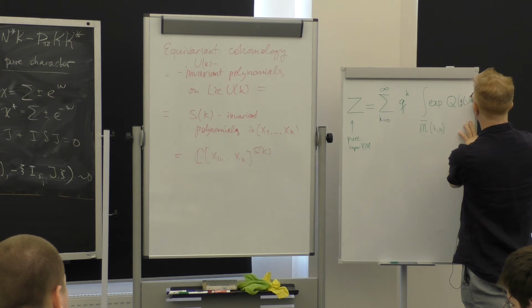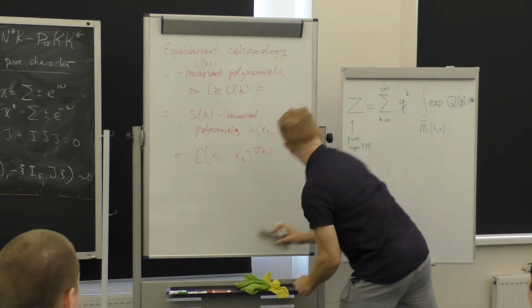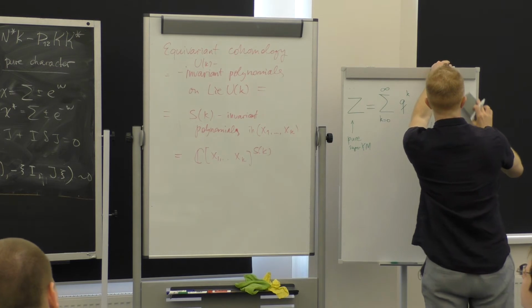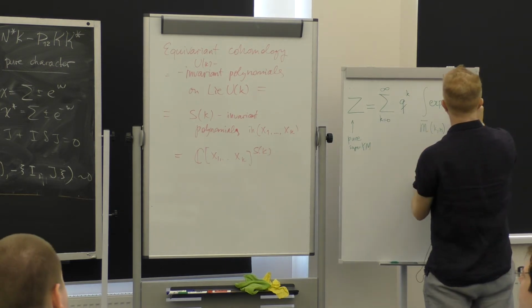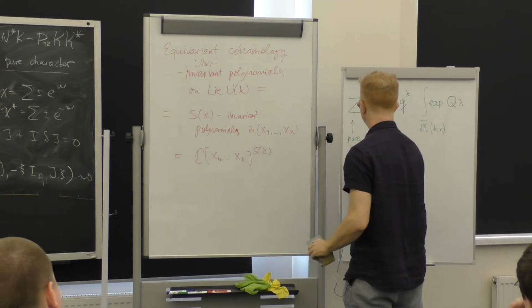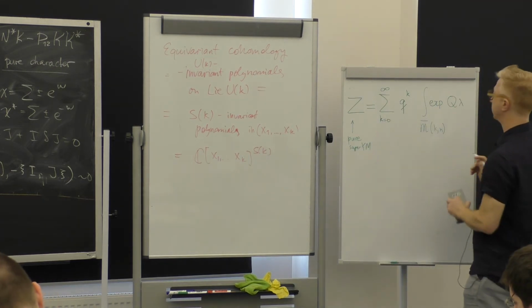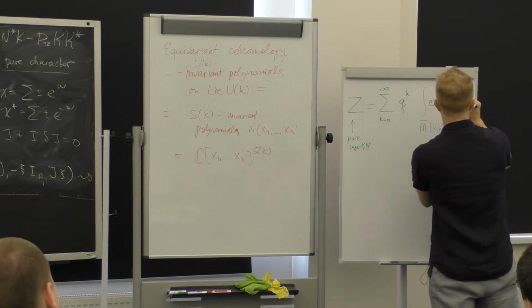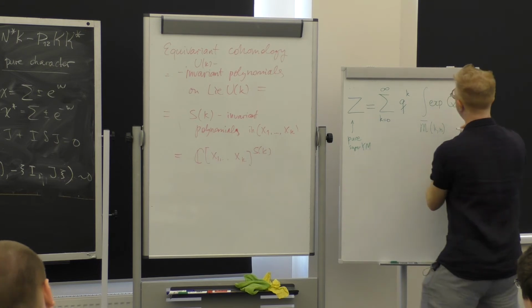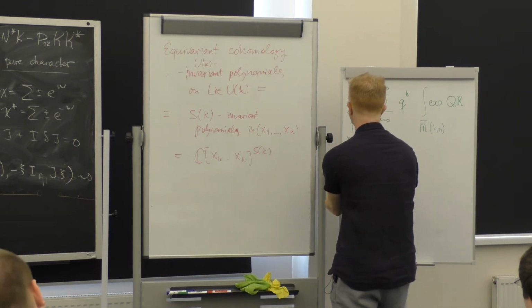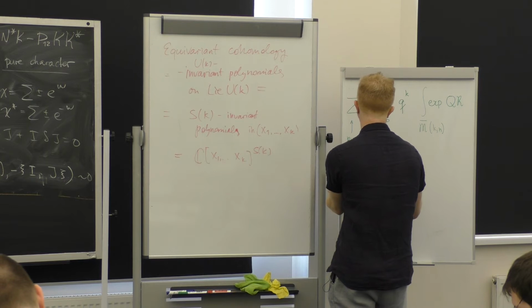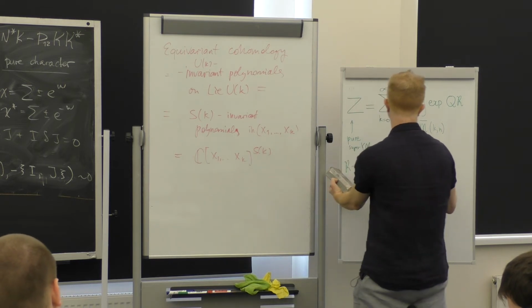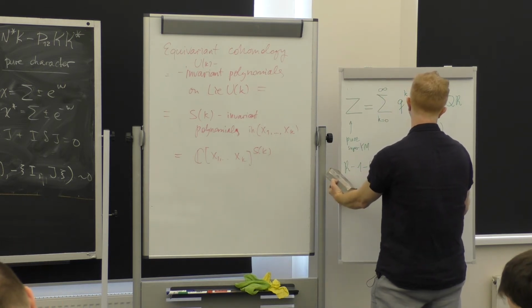Sorry, it's impossible to see. Okay, so it's lambda, different lambda. Curly R. So curly R is a universally defined one form on M bar K n.